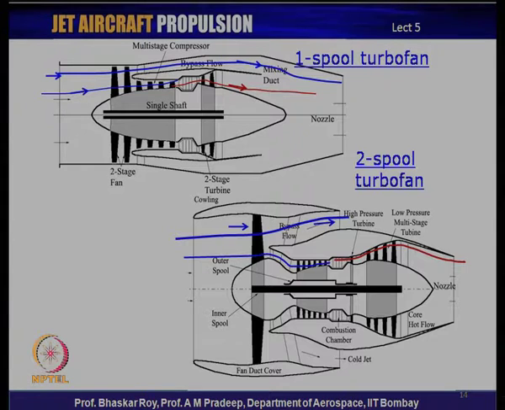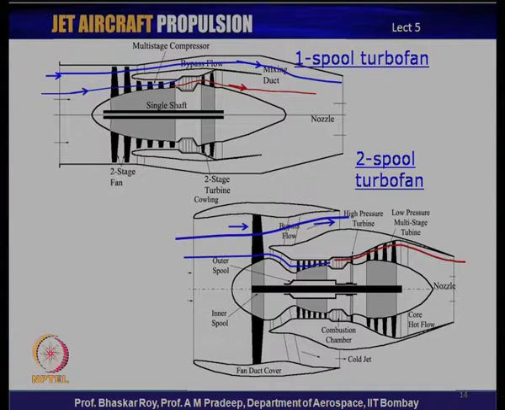Now, the HP one actually sends power through the outer shaft, which is, as you can see, a hollow shaft, to this group of compressors, which is also called the HP compressor. Now, this HP compressor run by the HP turbine creates the so called HP loop, which is wrapped around the combustion chamber, and this is the core engine, quite often simply referred to as the gas generator, because this loop of compression, combustion and turbine produces the basic gas of the gas turbine engine.